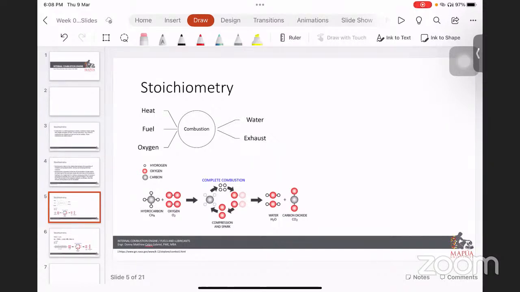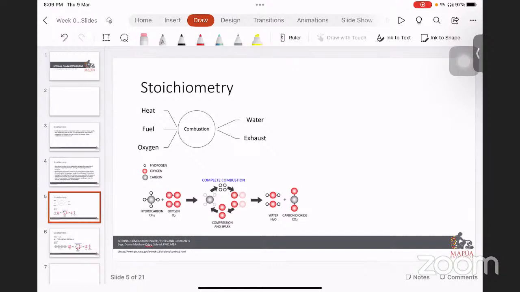Ang first thing na kailangan mo ay heat, pangalawa ay yung fuel, at pangatlo yung oxygen. You need these three things to be able to start the chemical reaction of combustion. Kung wala yung isa, walang combustion.